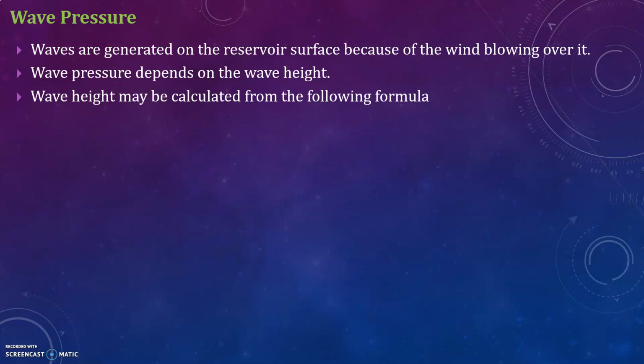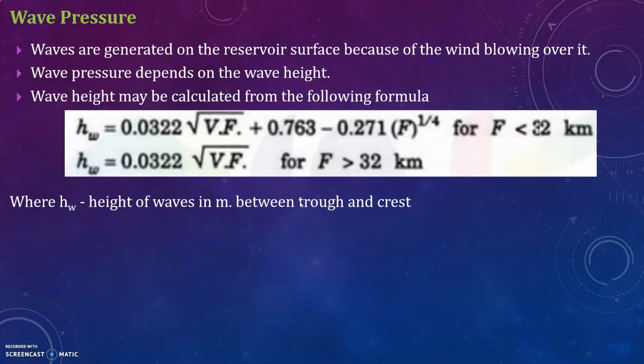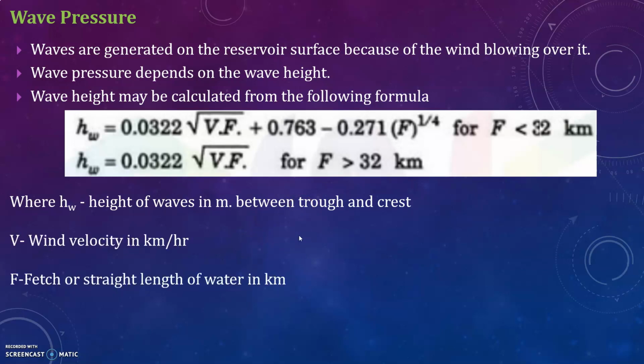Wave height may be calculated from the following formula: Hw = 0.0322 √(VF) + 0.763 − 0.271 F^(1/4) for F less than 32 kilometer, and Hw = 0.0322 √(VF) for F greater than 32 kilometer, where Hw is the height of waves in meter between trough and crest, V is wind velocity in kilometer per hour, and F is fetch or straight length of water expanse in kilometer.